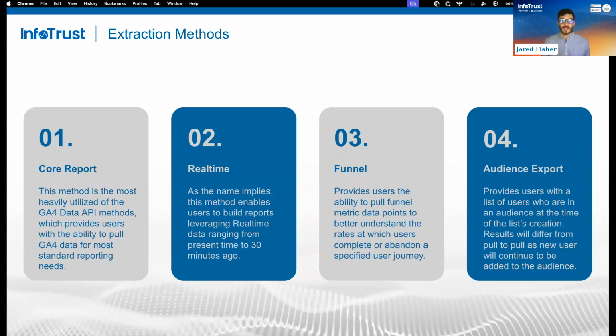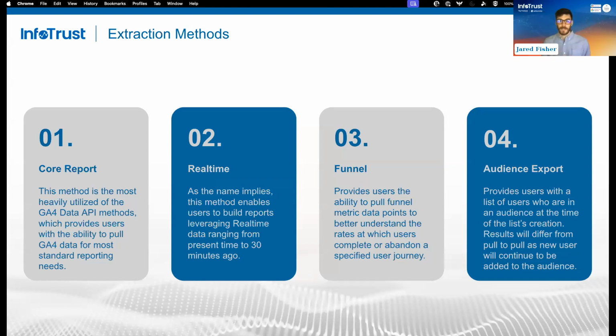There's also funnel. Funnel is another method that enables users to leverage the API to build funnel-style metrics. The best way to think about the funnel method is to think about the funnel that's available within your explore reports in GA4.